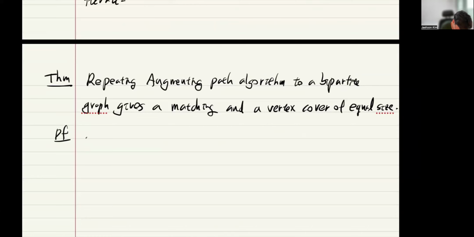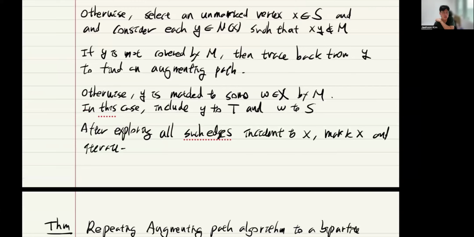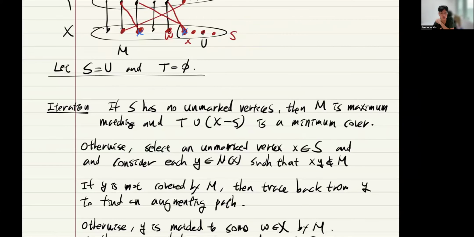So assume at the termination, one of the clear things is that this algorithm terminates: every time you plot an edge, then you mark the vertices, and the same edge is never explored again. So at some point, every vertex is marked.